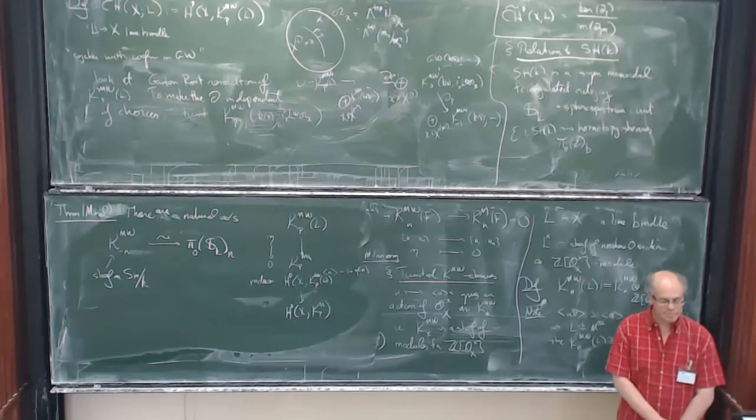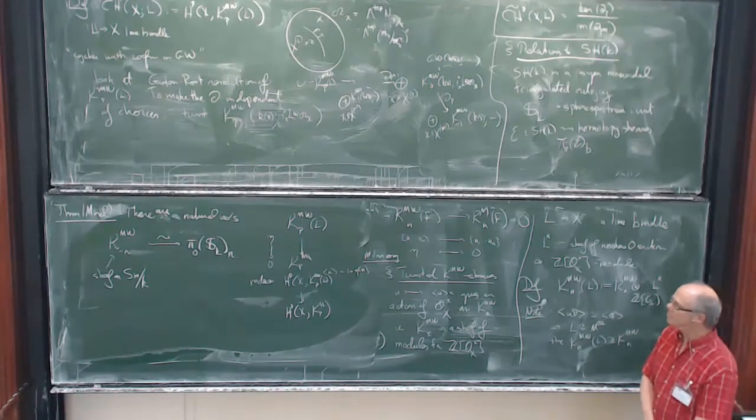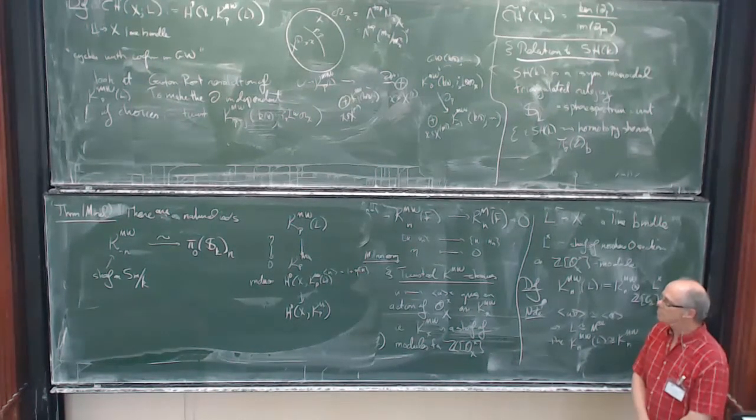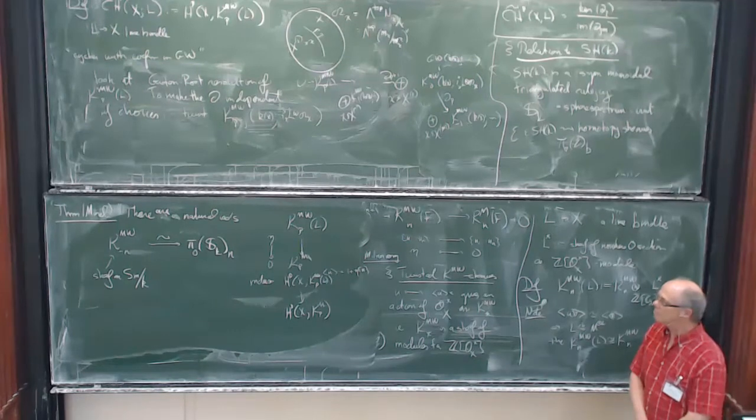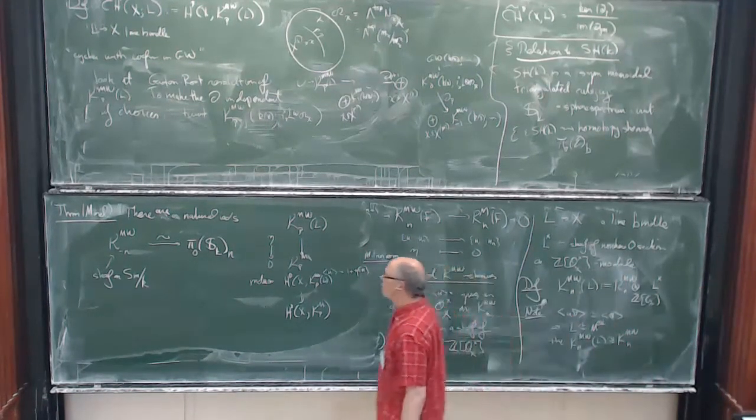For purposes of calibration, if you think of the usual maps of simplicial spheres into something, are those the pi star where the n equals 0?